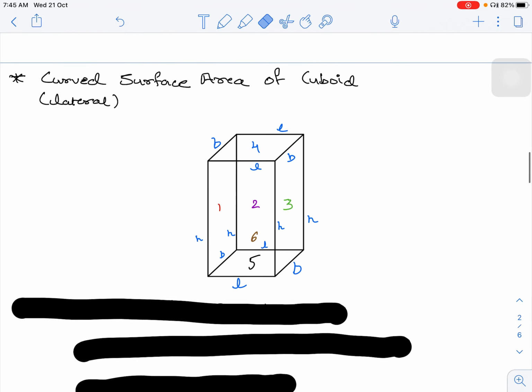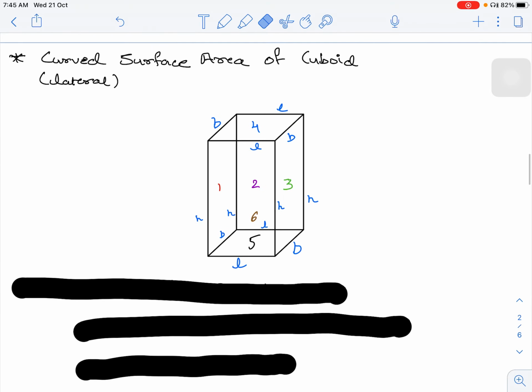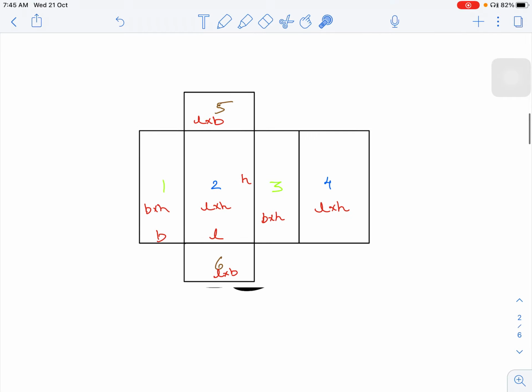Here I have already mentioned what the heights are. This one is the length, and here I have written the face. If I want to find the curved surface area, it will be easy for us to find it from this one, so I am copying this one also over here.